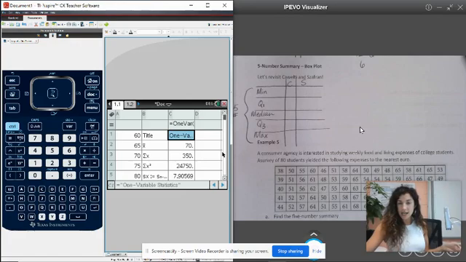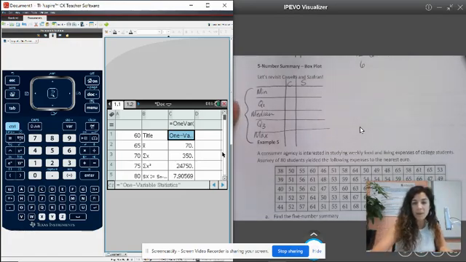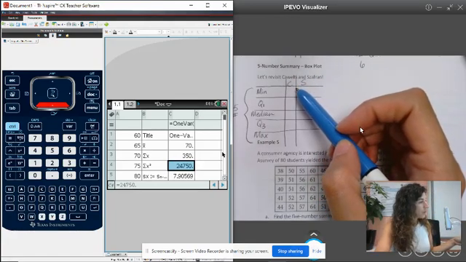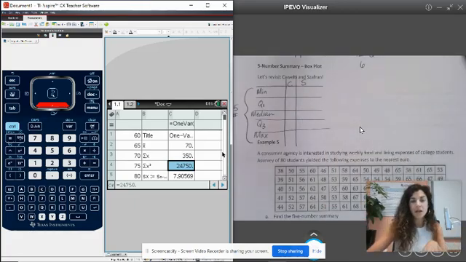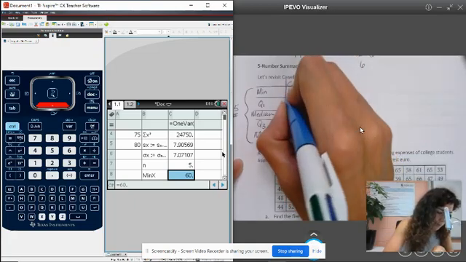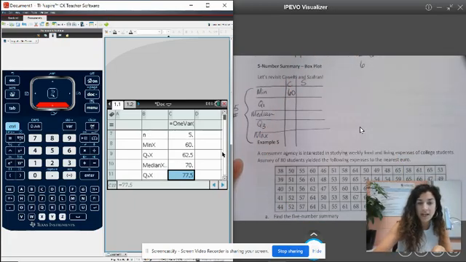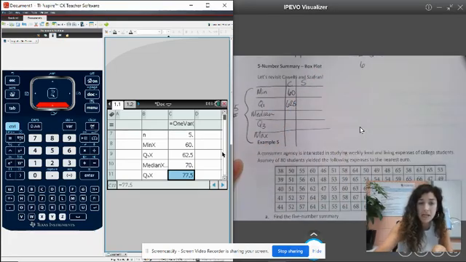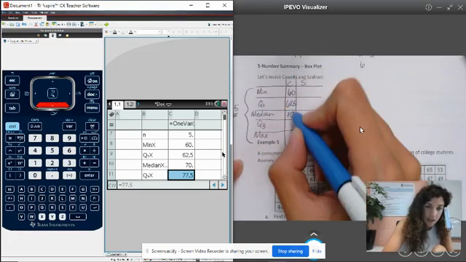All right, so finding then this number summary, your minimum is listed. So this is Coelty's information. This first list is Coelty's. So his minimum is 60. Quadrant 1 is 62.5. The median is 70.